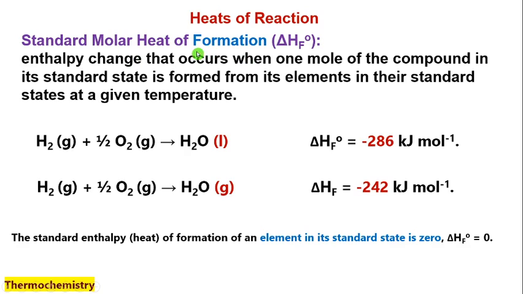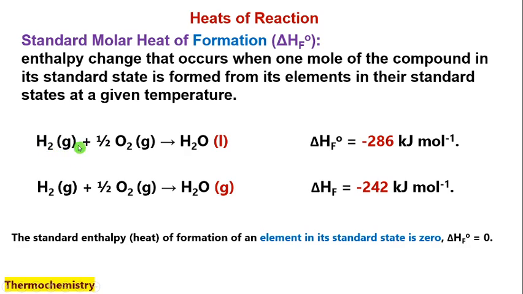Now here, formation means you have to produce 1 mole of that compound from its elements. That particular product has to be produced in a standard state, and all the elements and the molecule being produced should be in a standard state at the given temperature.